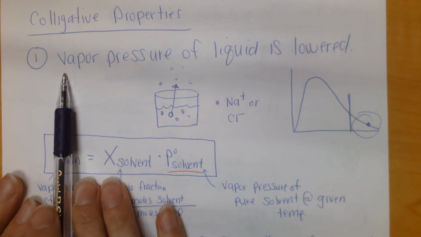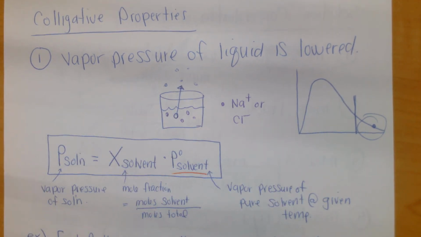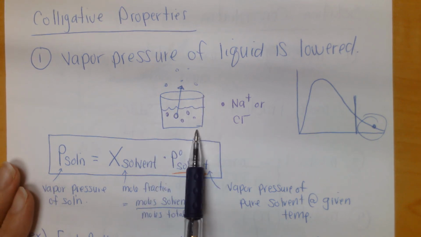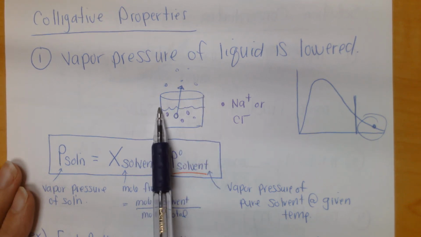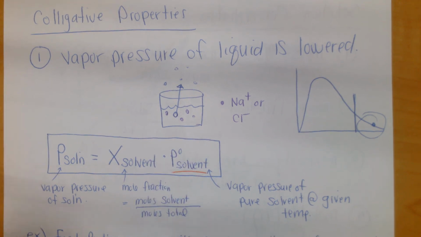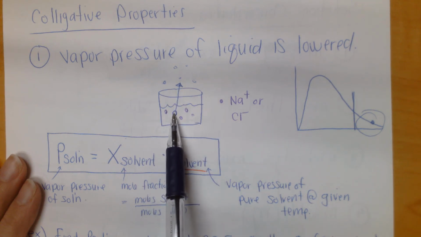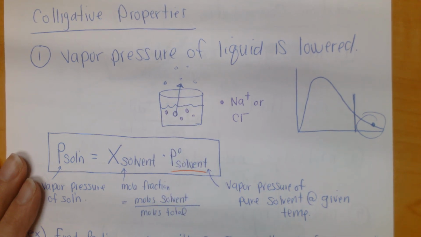The first colligative property is that the vapor pressure of the liquid is lowered. In my little drawing here, we have a container of water, and into it we put some salt. At a given temperature, a certain number of particles have enough energy to break the hydrogen bonds of water and escape into the atmosphere.